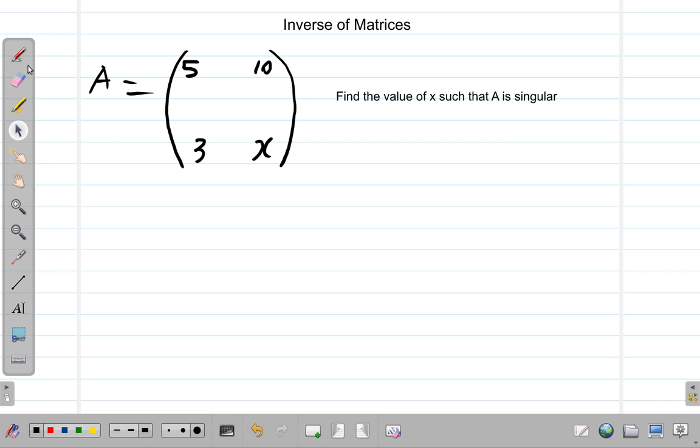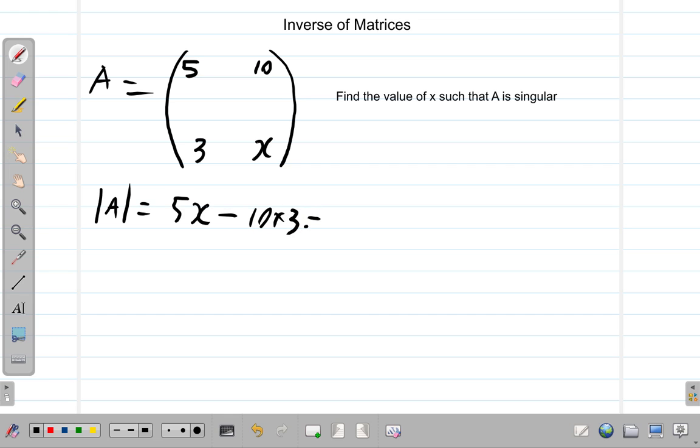Now, here, let's deal with it. What you need is the determinant of A. And the determinant of A, which you would have found out, was multiply the leading diagonal, 5 times x, minus multiply the non-leading diagonal, 10 times 3.